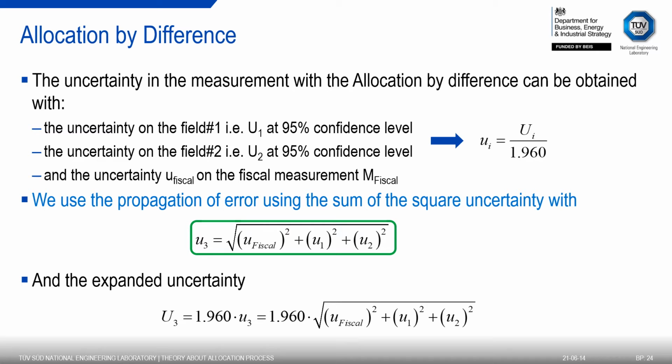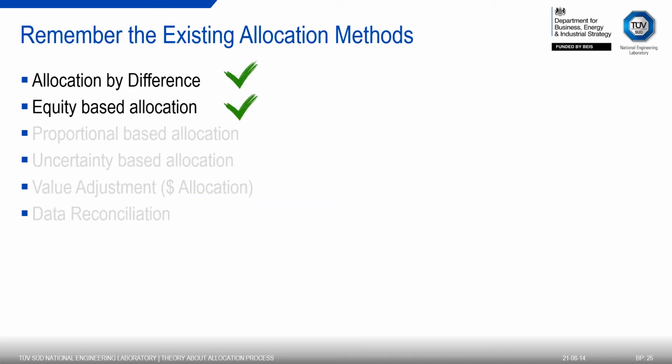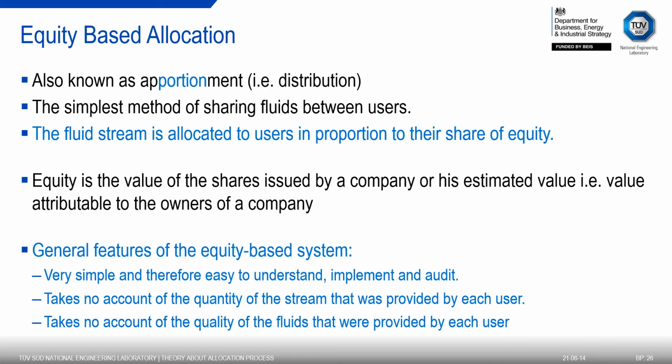The next allocation system that I wish to discuss with you is equity-based allocation. The equity-based allocation, sometimes known as apportionment allocation, is a simple one that you can have in your mind. The fluid that you are producing is allocated based on the proportion of the share that each partner has in this system.